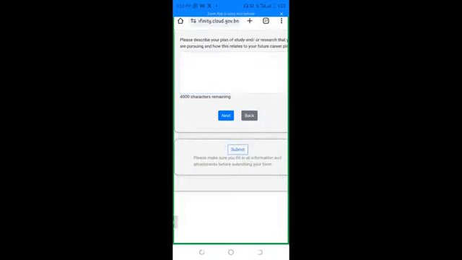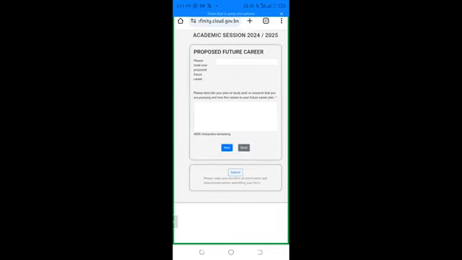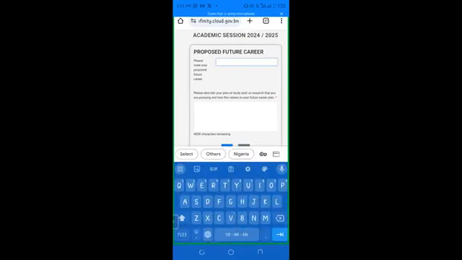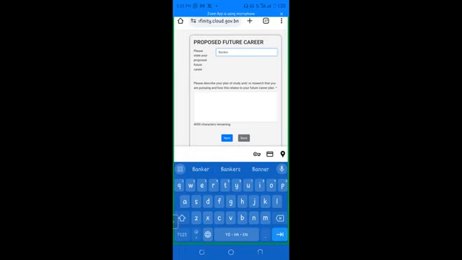So next. Now they're asking proposed future career. Please state your proposed future career. So let's say I want to be a banker since I'm applying for economics.